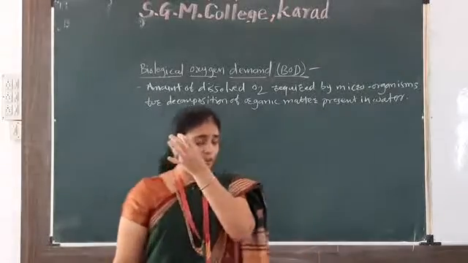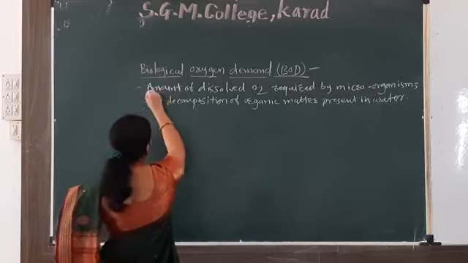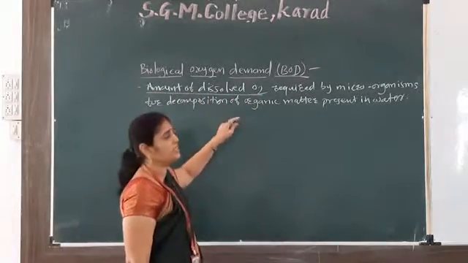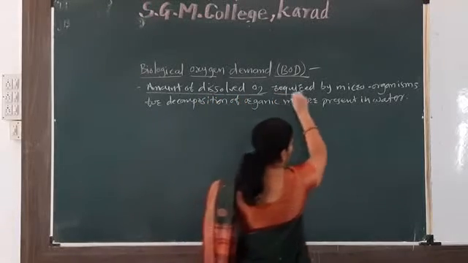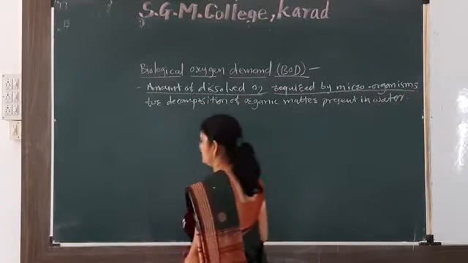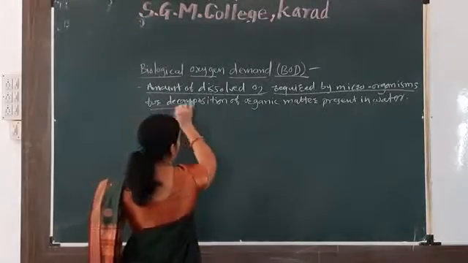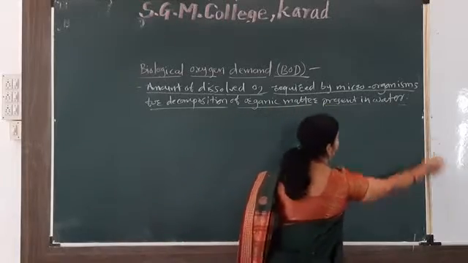Definition of biological oxygen demand, you can see here, it is the amount of dissolved O2. This biological oxygen demand means amount of dissolved oxygen which is required by microorganisms. जो microorganismला आवश्यक आहे कशासाठी? For decomposition of organic matter present in water.